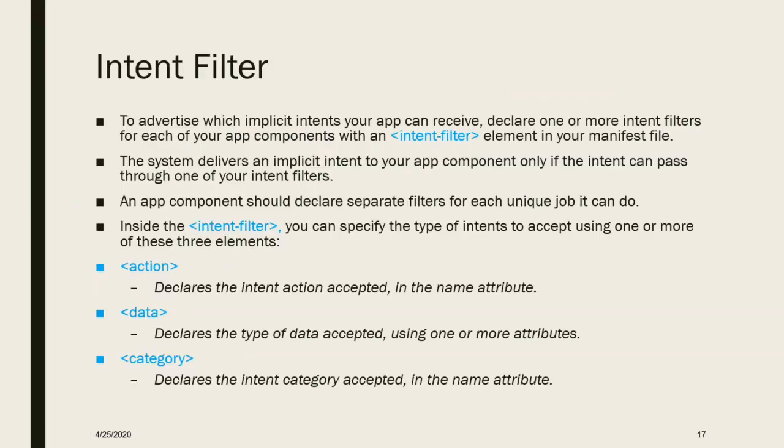Intent resolution relies on two kinds of information. First, there is the intent that the calling activity created to describe the operation that it wants to be performed. And second, individual Android activities specify intent filters, which describe the kinds of operation or intents that they can handle.